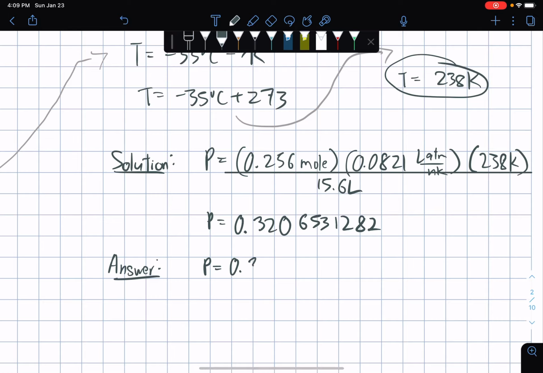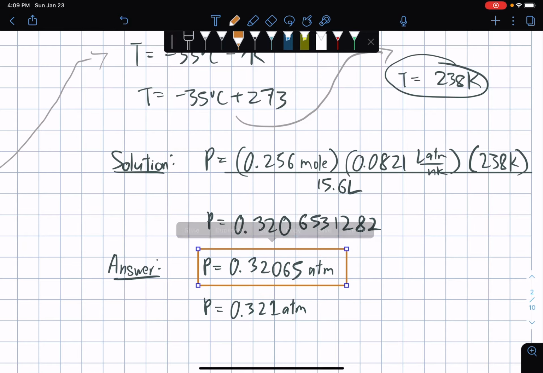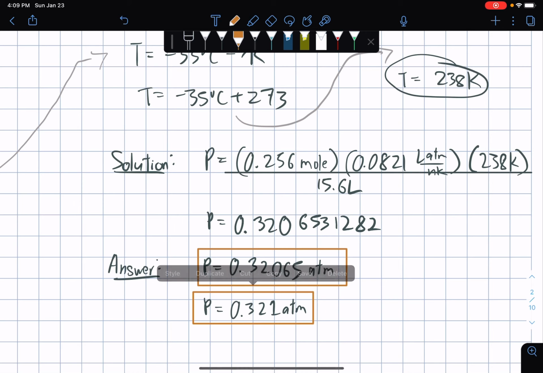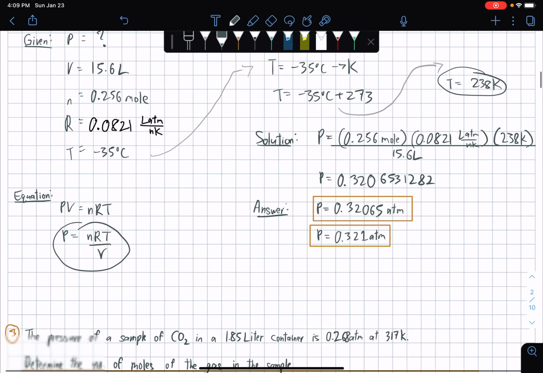So 0.32065 atmosphere. Or you could round it off to 3 significant digits, 0.321 atmosphere. Both are correct. You'll just have to ask your science teacher what he or she prefers when you round off your final answer. So both are the same.